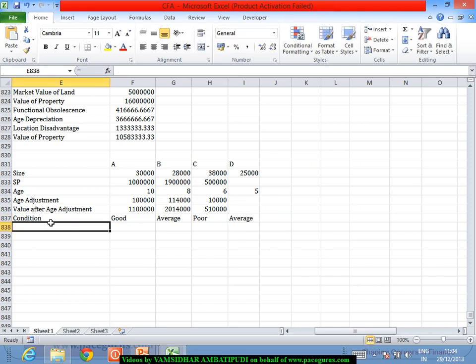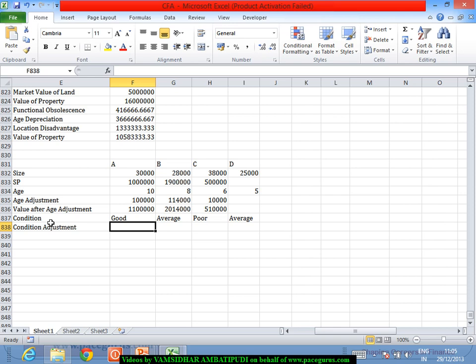Because our property is in average condition, now I want to do an adjustment for condition. If our particular property had been in an average condition, what could have been the excess?